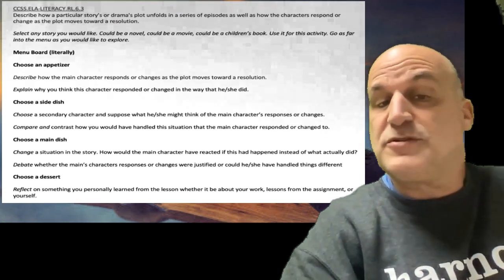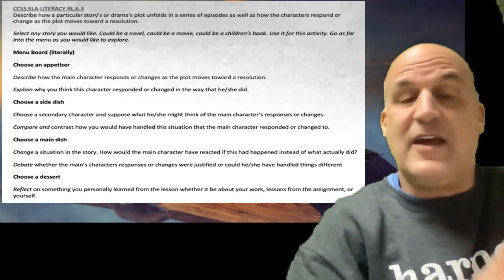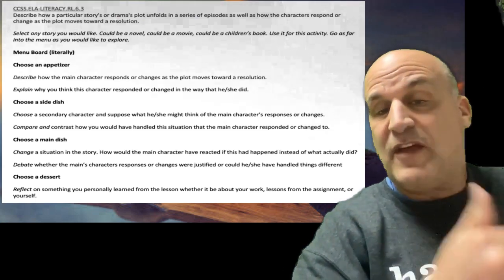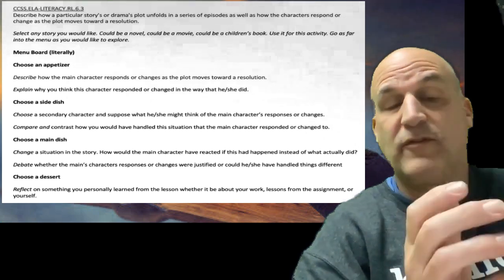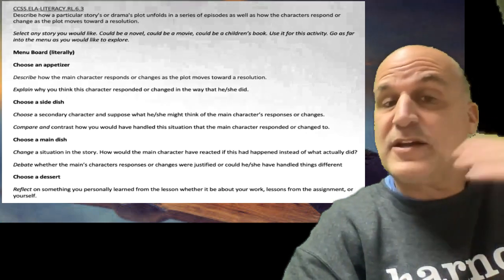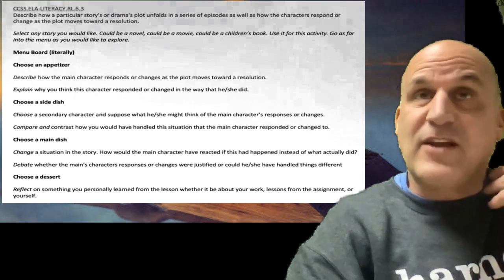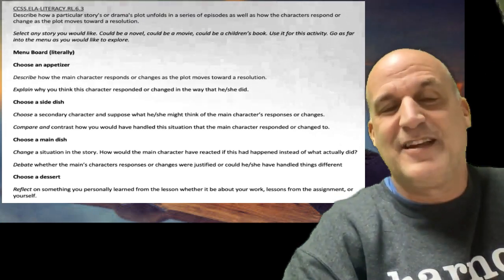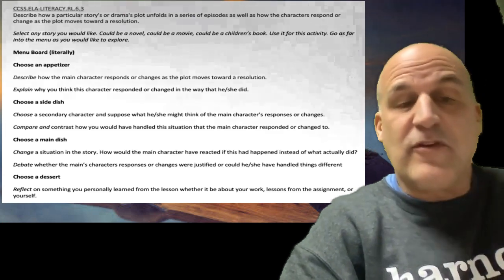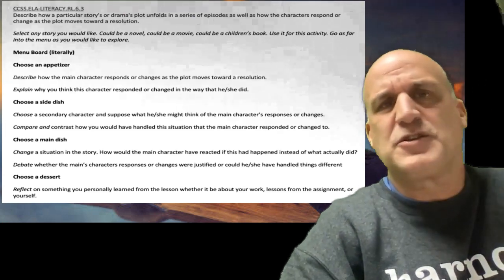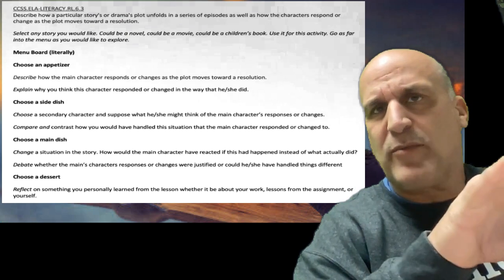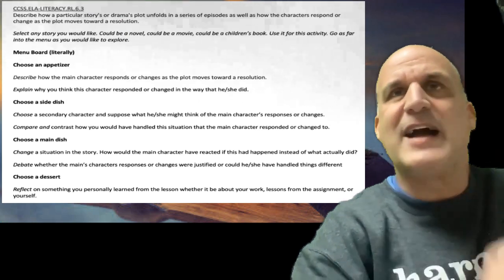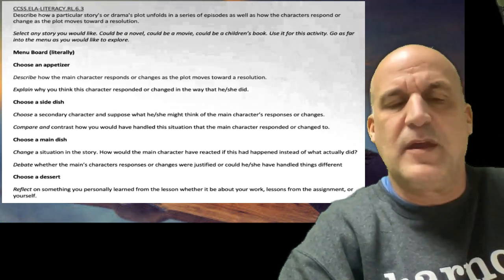So we might ask them to choose a secondary character and then suppose what they think about the main character. So looking at point of view. We may ask them to compare and contrast: how would they have handled this situation, the person themselves, as opposed to the main character? If we want to take it even further, we'll change a situation in the story. So change some part of the plot. How would characters have reacted if this change had occurred?